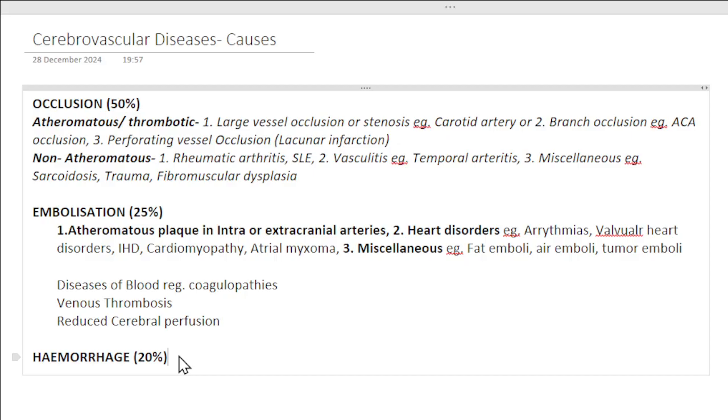In brain parenchyma, suppose it's about 15%, or subarachnoid space, also 5%.